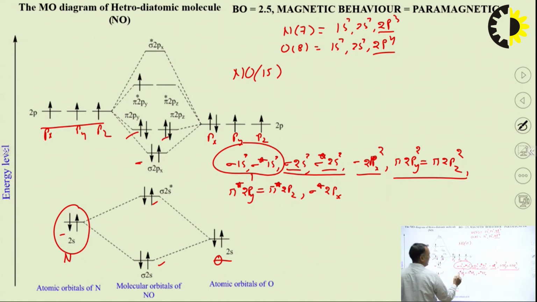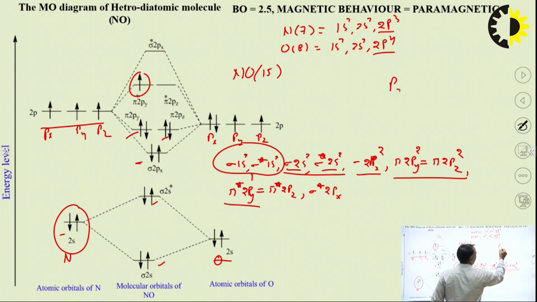Okay, and one electron will go in anti-bonding 2p xyz, whatever you want to call it. But by default, the p orbital will be the pz orbital. So, electron will go in pi 2p y.